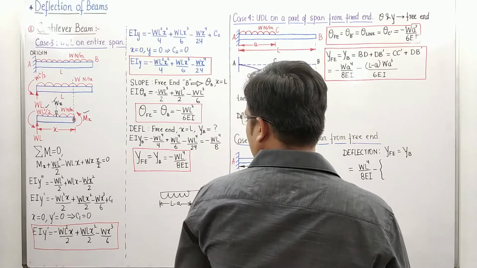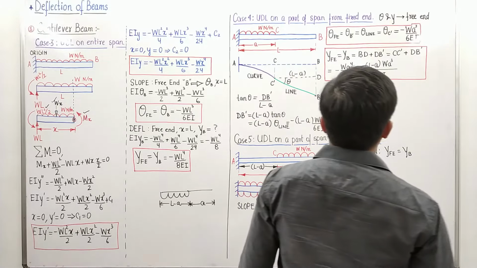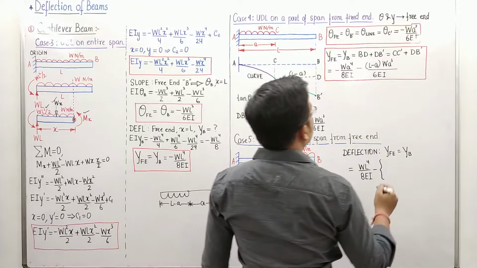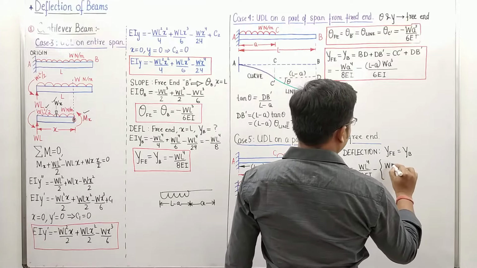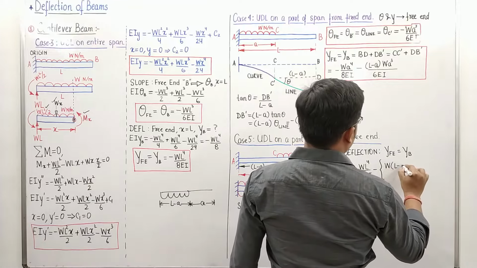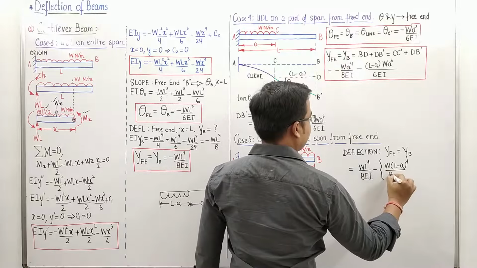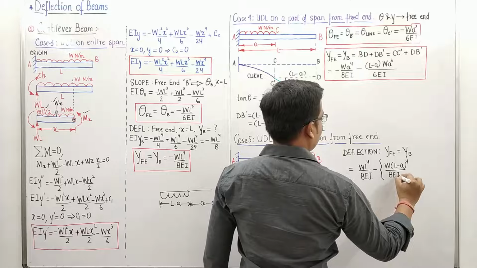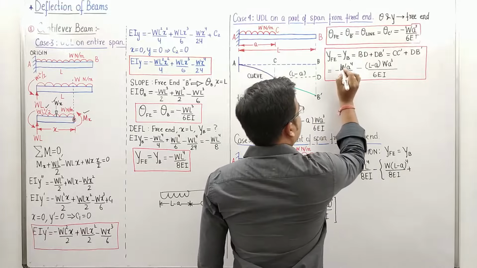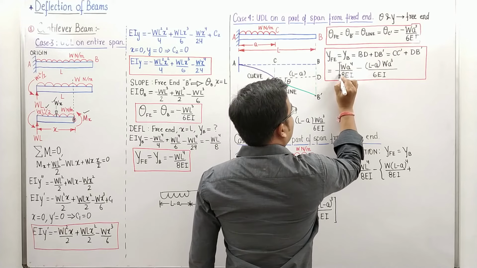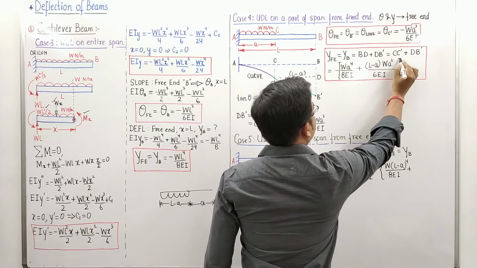Here we go. Where are we? Here. WA power 4. Replace A by L minus A. That is L minus A to the power 4 whole divided by 8EI plus. Just assume as if you've taken minus as common and then you have written this result.